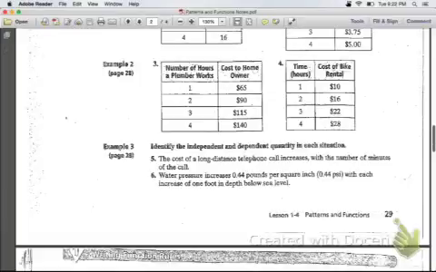So which one of these are independent and which is dependent? Remember, the dependent variable depends on something else happening. So the cost of a long-distance telephone call increases with the number of minutes of the call. So in this case, the independent, I'm going to just use I here, is equal to the number of minutes, right?